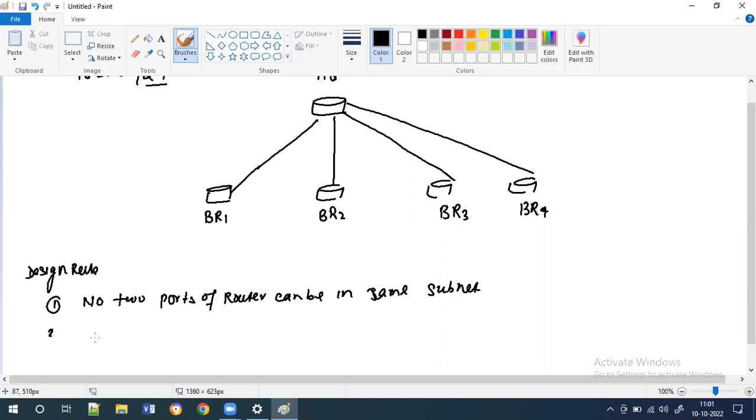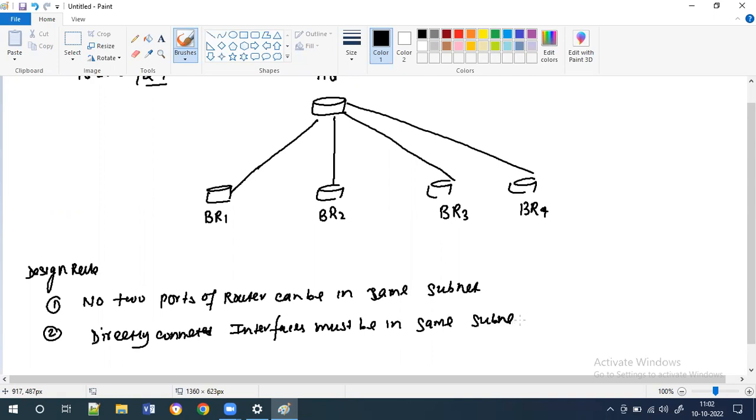Second, directly connected interfaces must be in the same subnet. So these are the design rules.